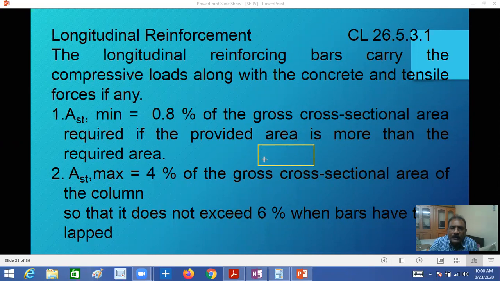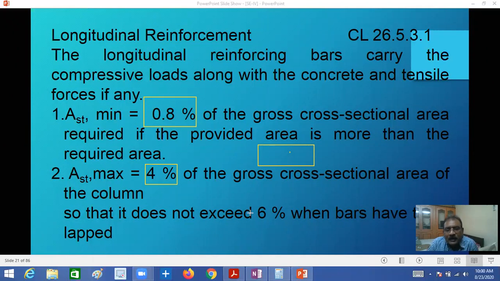We have to provide reinforcement here, minimum 0.8%, otherwise as per design, right? And the maximum is 4% of the cross-sectional area. Cross-sectional area is B into D, breadth and width or depth, right? This way we have to calculate minimum reinforcement and maximum reinforcement in a column.